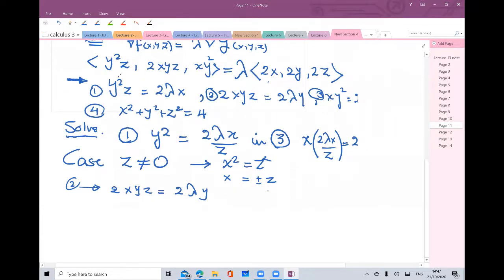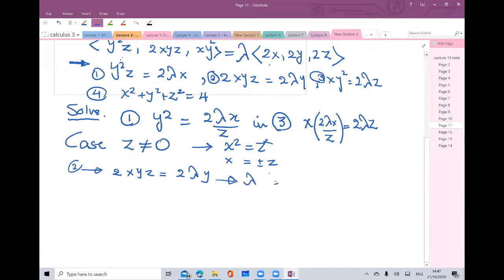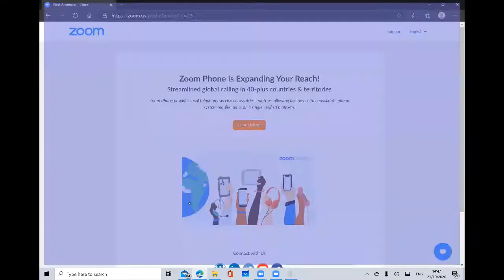From here I can get the formula lambda equals xz. I divided by y, so I'm considering the case that y is not equal to 0 because I divided both sides by y. So I obtain the formula lambda is xz. I'm gonna put this in any one of them, in 1.